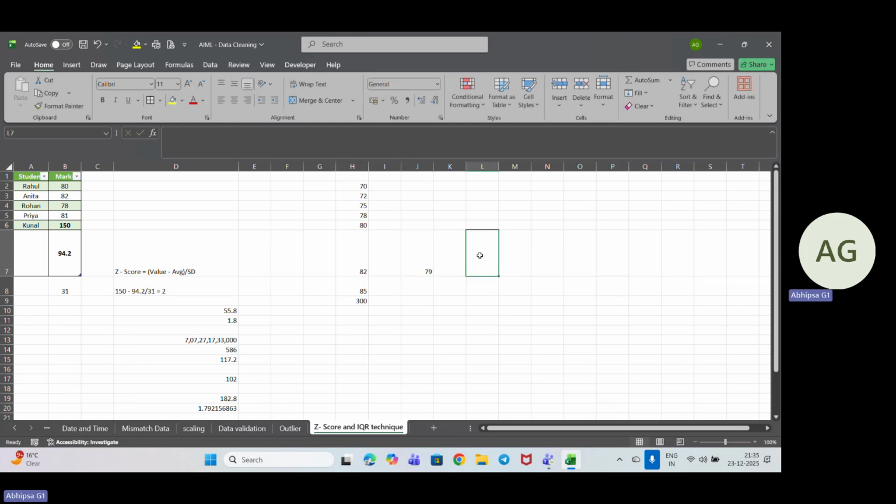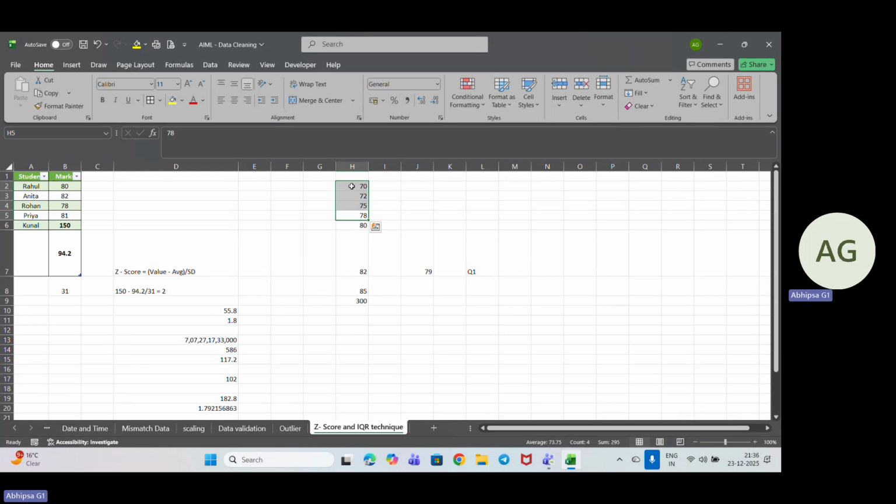Now I have to find Q1. How will I be finding it? Q1 is the lower half that we are getting. So the lower half means we are getting 70, 72, 75, and 78.